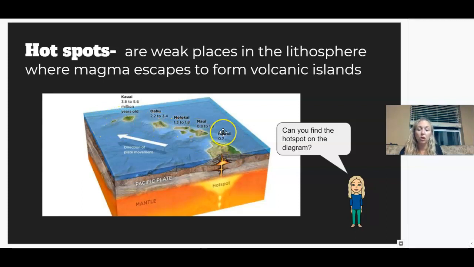Our largest island, the Big Island of Hawaii, is still currently over that hotspot and is an active volcano. There is a hotspot on your diagram, so you want to make sure that you label that and give some information about what a hotspot is.